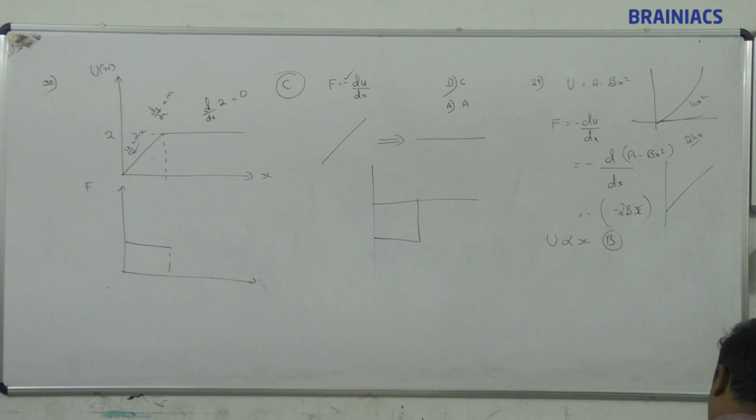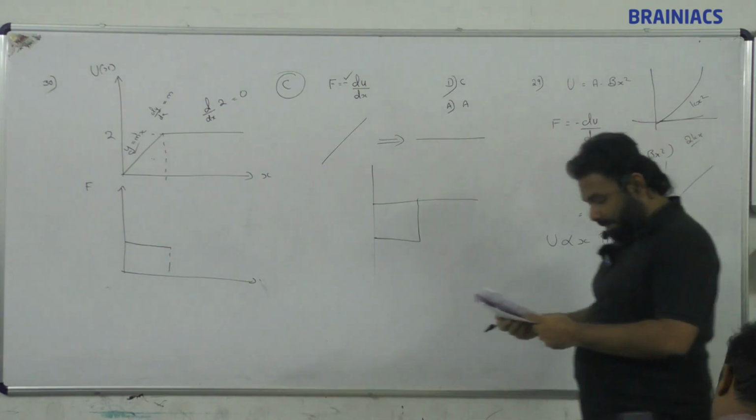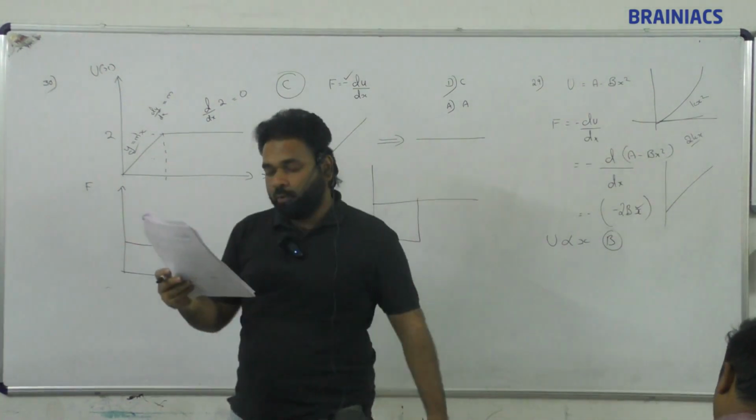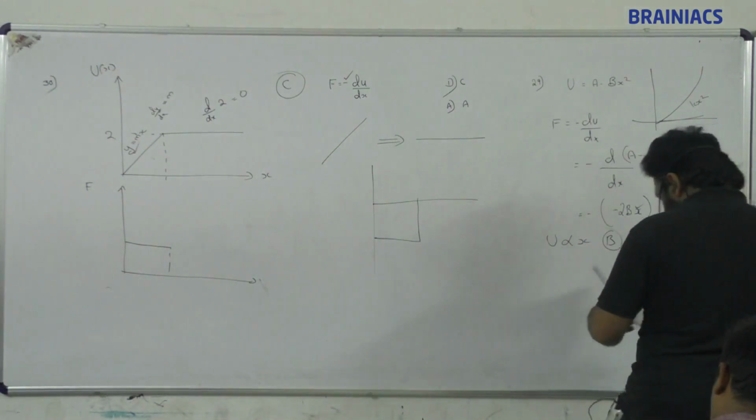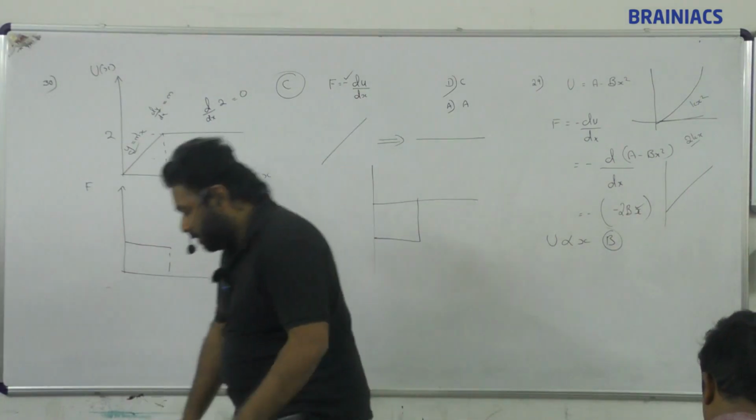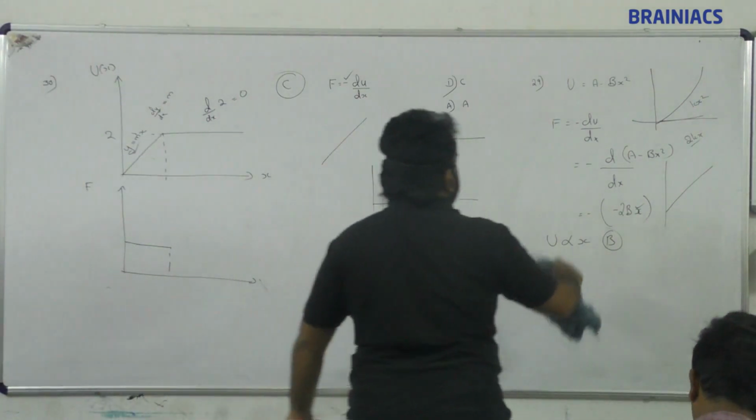A particle moves in a potential energy region given by U is equal to 8x square minus 4x plus 400.